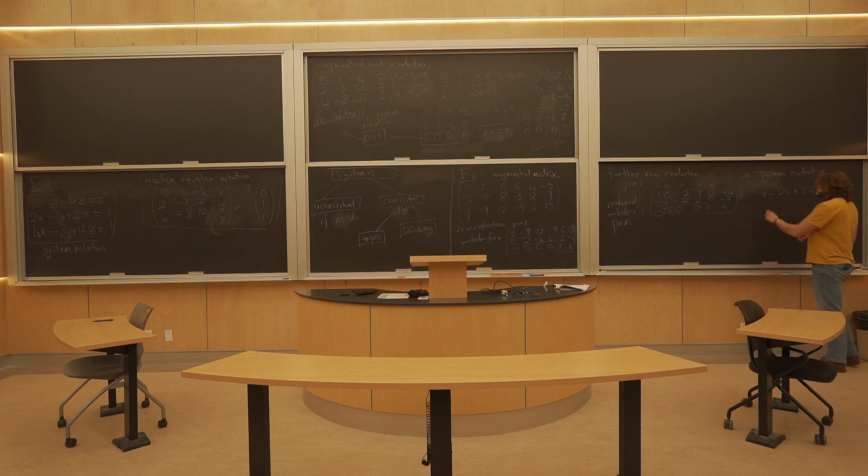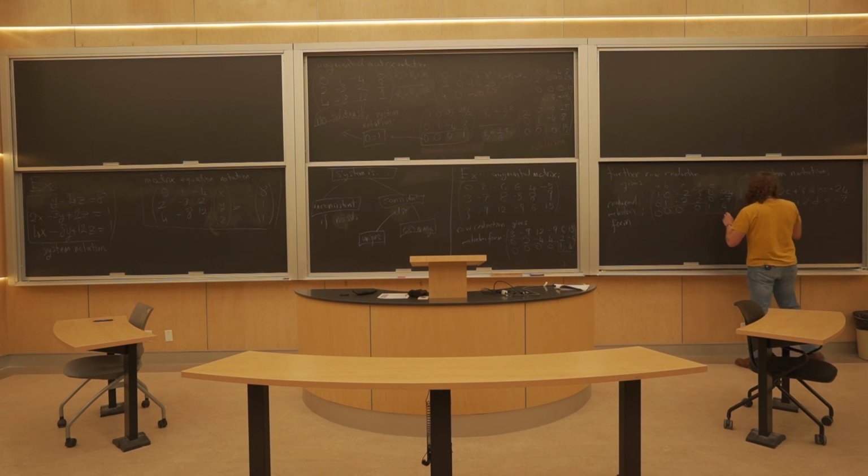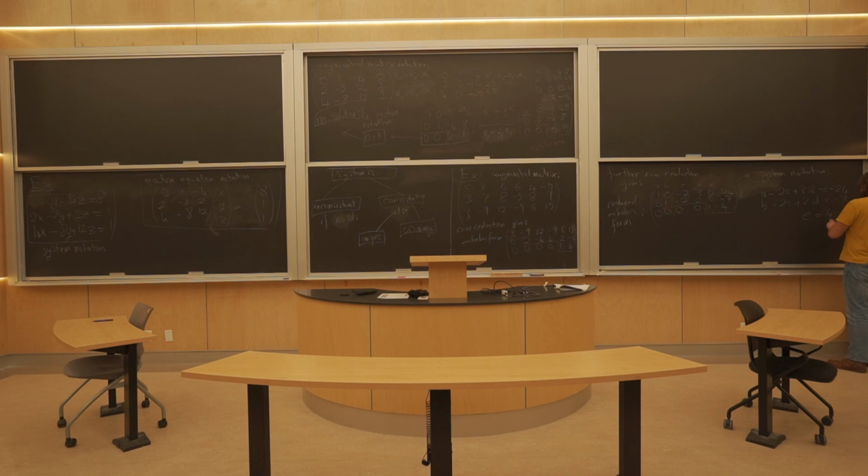The second row tells me B minus 2C plus 2D equals minus 7. And then the last row says E equals 4. Okay? So we figured out a unique number value for the variable E. But how about the other ones? What can we say about this? Any ideas? Like, what is going on and how can I continue further?